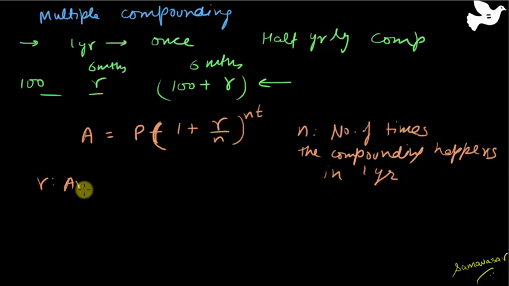R is the annual interest rate. You need to remember that it is the annual interest rate. N is the number of times that the compounding is happening in 1 year, and t is the number of years.